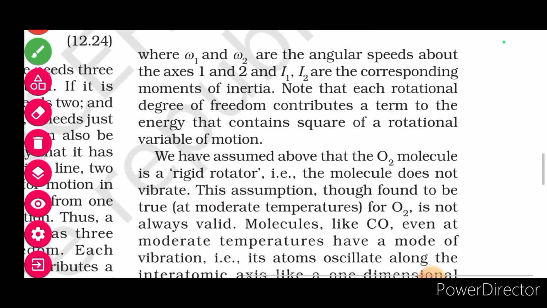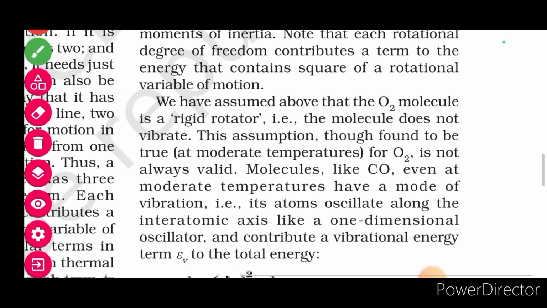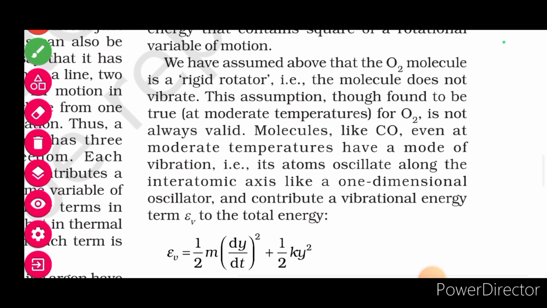That is, the molecule does not vibrate. This assumption, though found to be true at moderate temperature for O2, is not always valid. Molecules like CO, even at moderate temperatures, have a mode of vibration.